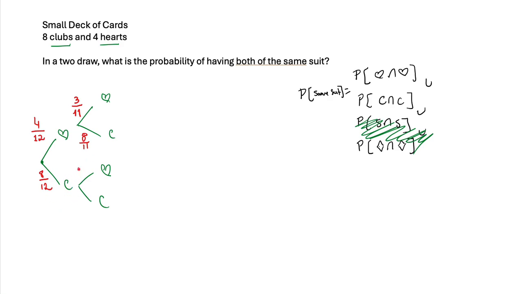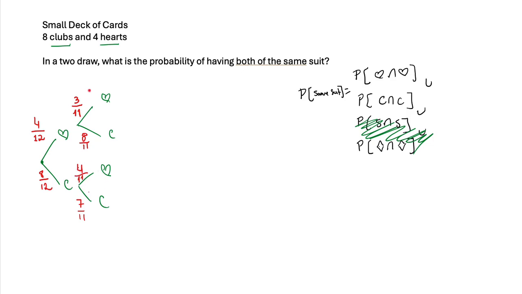So how many hearts will I have if I had a clubs first? Well, the hearts didn't change. You will have 4. And the number of total cards will be 11. And I'll use the same property that I need to sum up 7 11ths to 4 11ths to have a complete 11 11ths, or a whole, okay?